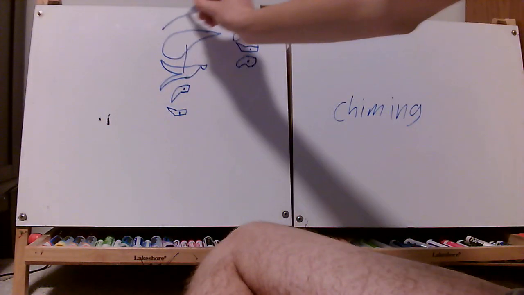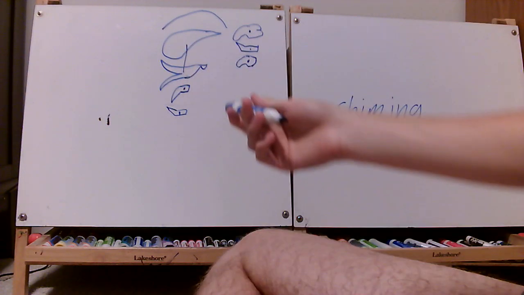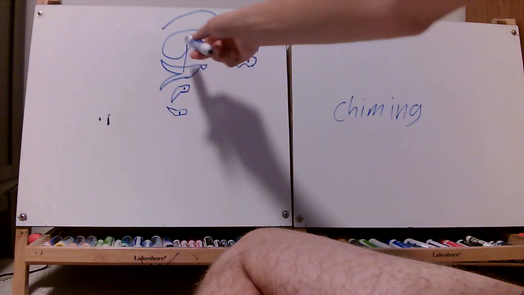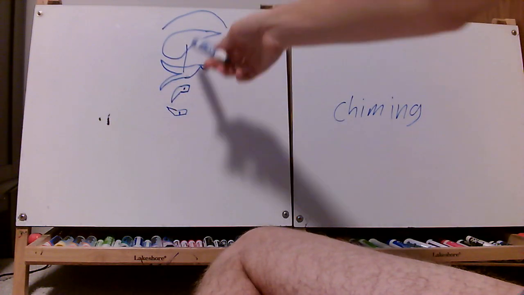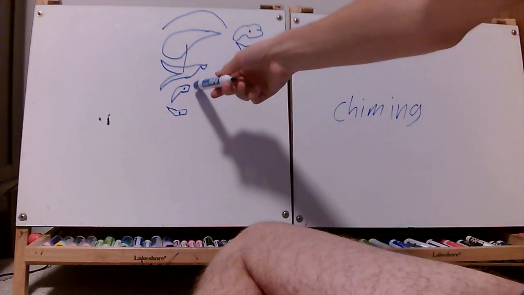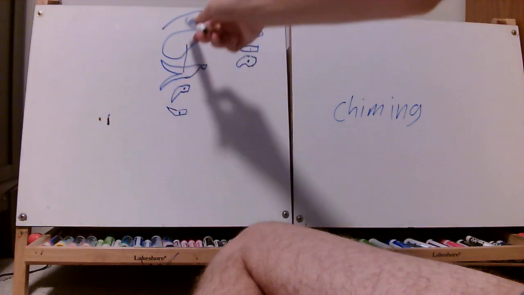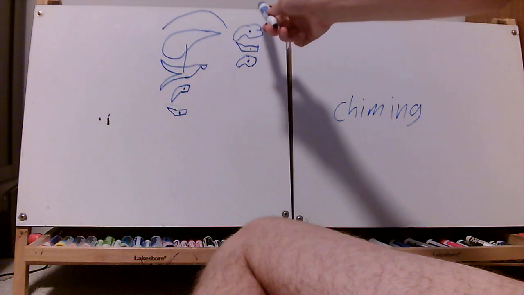Okay, so this is the word chiming. And this is what this connection pole is for. It's for affricates, basically. Because we have t and sh, and that makes ch in chiming. Then we have I, chai, and then we go over to the next one, and this is the next syllable, ming.